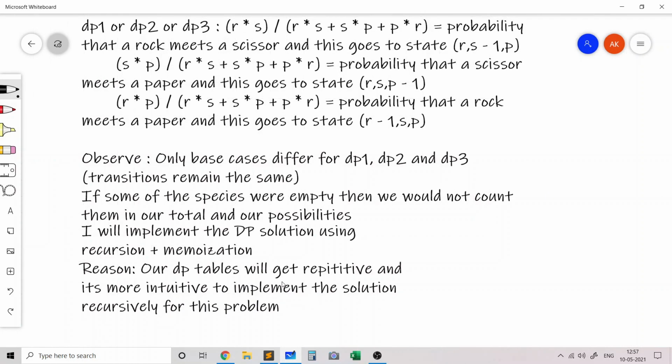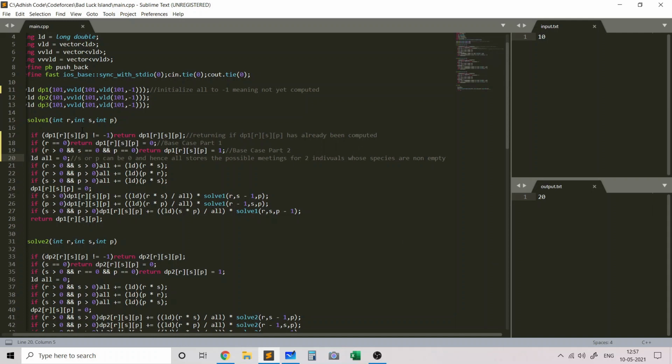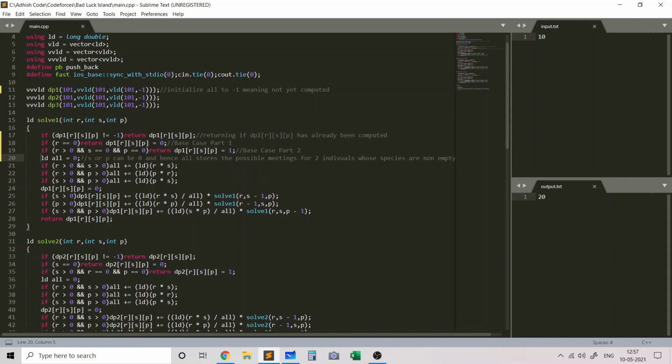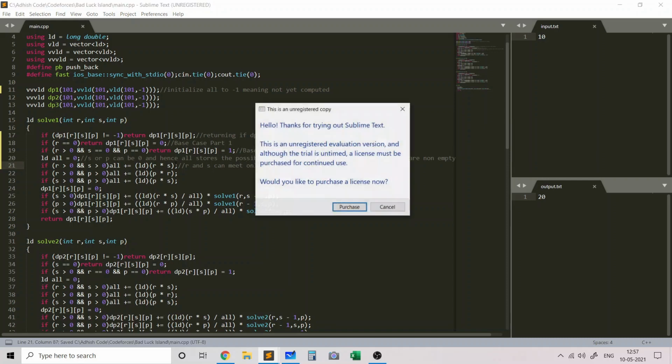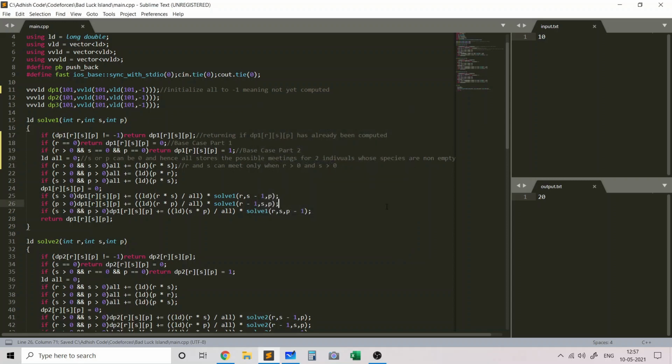So coming back to the code, what we are doing is that if the number of rocks is greater than 0 and the number of scissors is greater than 0, then only they can meet. R and S can meet only when R is greater than 0 and S is greater than 0. That's why we would count this in our all variable.